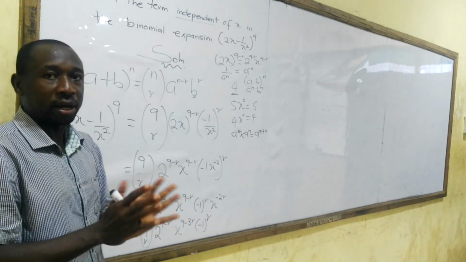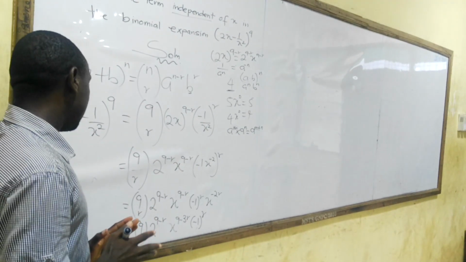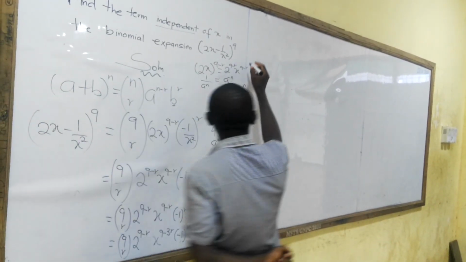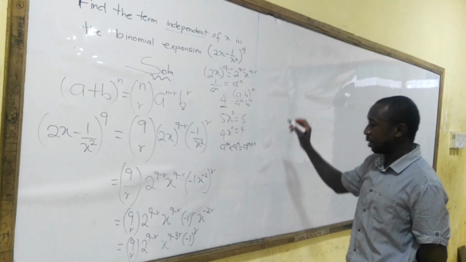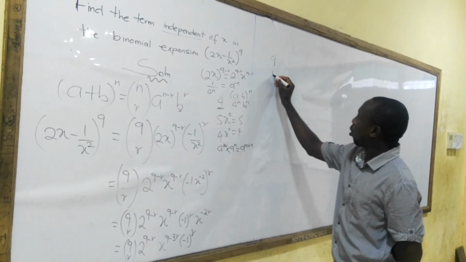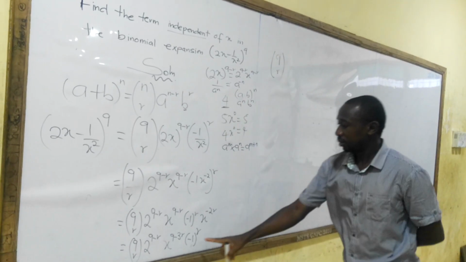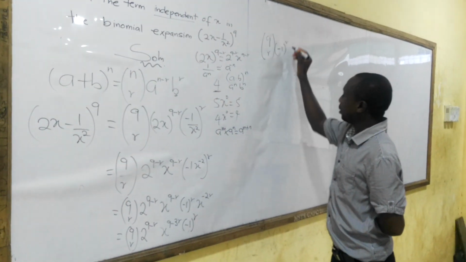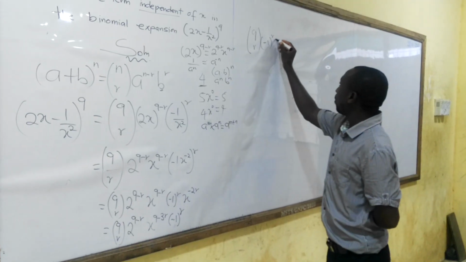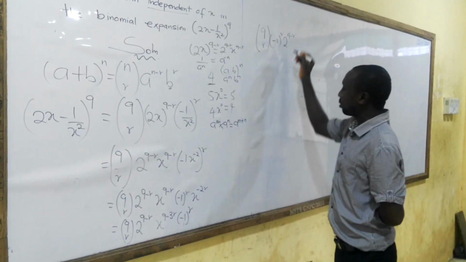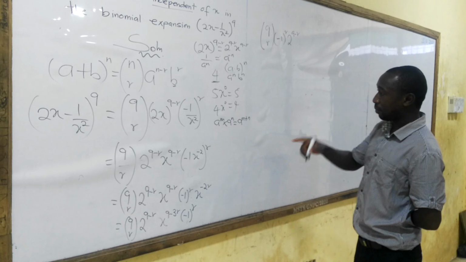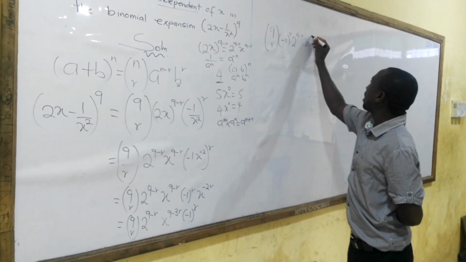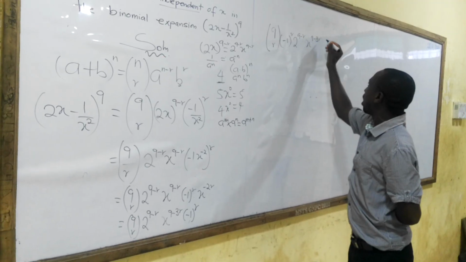Now I need to separate all the x components here from all the other components. And so I'll have 9 combination r, then this negative 1 to the power r, followed by 2 to the power 9 minus r, and then x to the power 9 minus 3r.